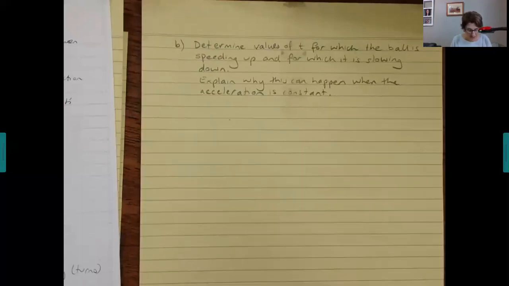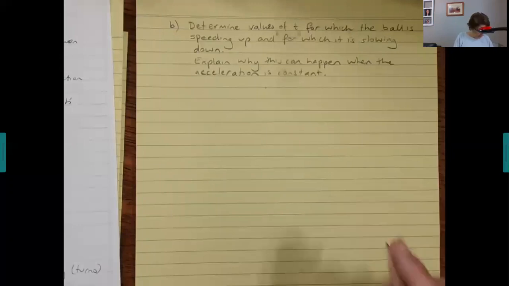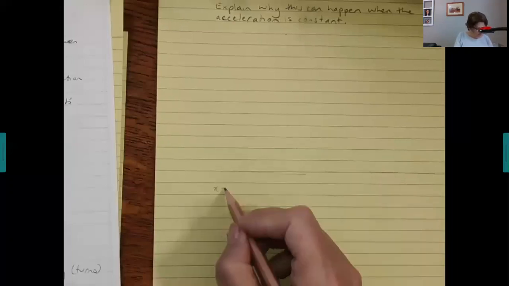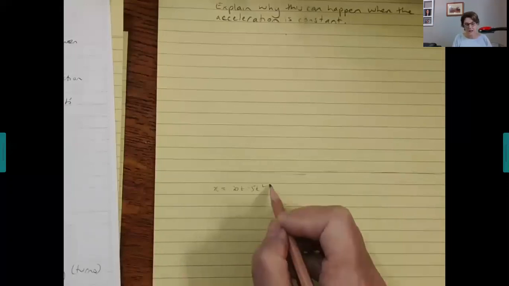So what I want to do is just, first of all, have a little bit of understanding going on under here, which is not the official part of the solution. But if we go back to the original function, we had x equals 20t minus 5t squared, okay?